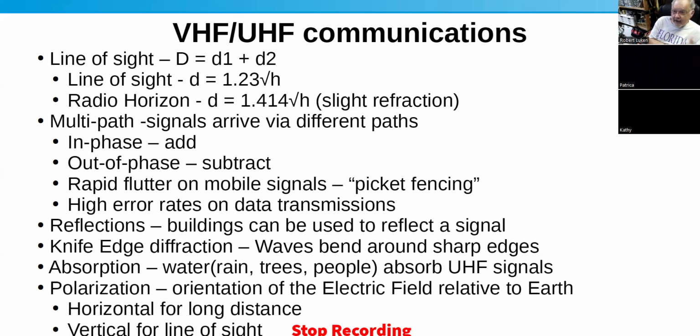You can get the adding and subtracting, which is causing this flutter, which when you hear it in a car moving fast, sounds like a kid on a bicycle dragging a stick along a picket fence as he goes by. That's kind of where that term came from. And the signal will be in and out, in and out, in and out.